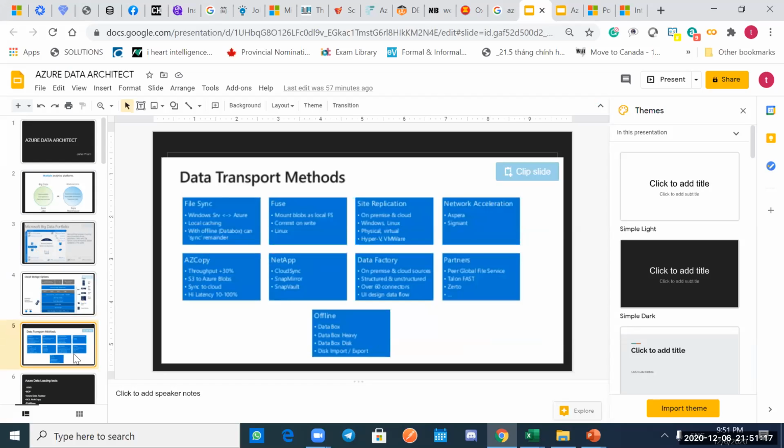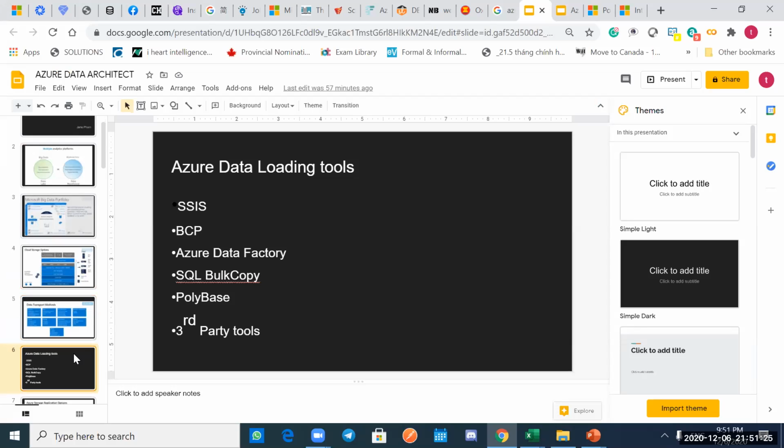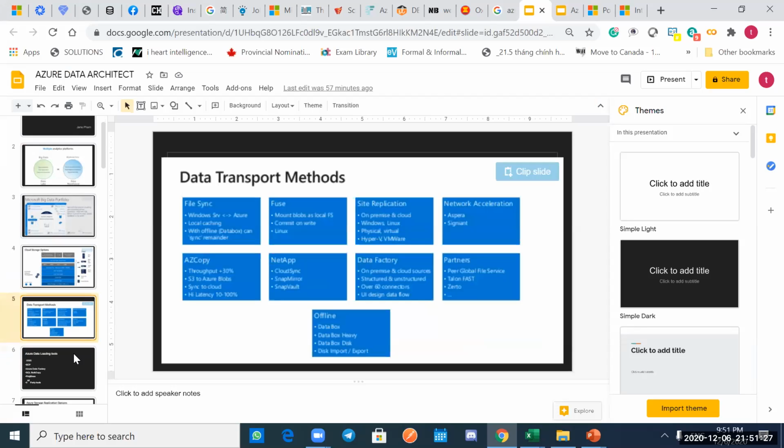So one thing that I want to talk to you about, and I don't think I mentioned much in the other slides, is data loading and data transport. When you have the data in storage, how do you load the data to your storage and how do you load it out of the storage?